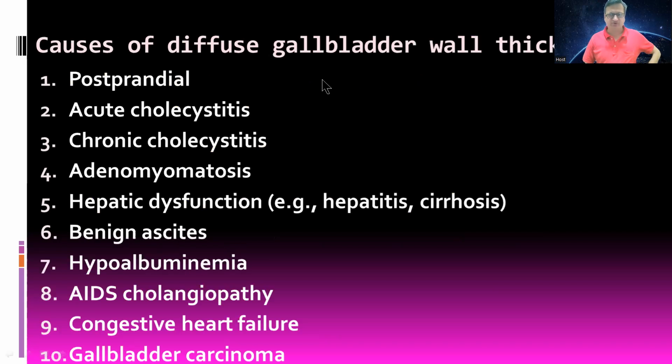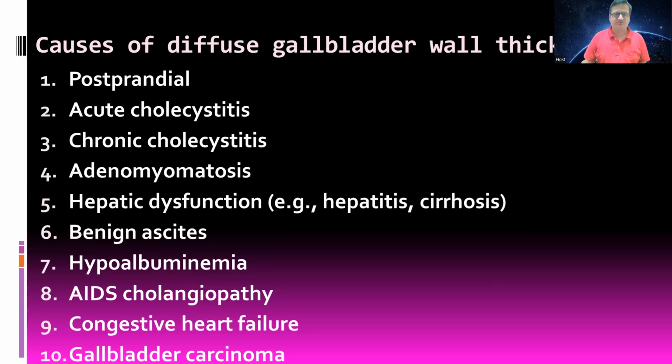Causes of diffuse gallbladder wall thickening are different. So, diffuse gallbladder wall thickening may be due to postprandial state, acute cholecystitis, chronic cholecystitis, adenomyomatosis, hepatic dysfunction like hepatitis or cirrhosis, benign ascites, hypoalbuminemia, AIDS cholangiopathy, congestive heart failure, and gallbladder carcinoma.